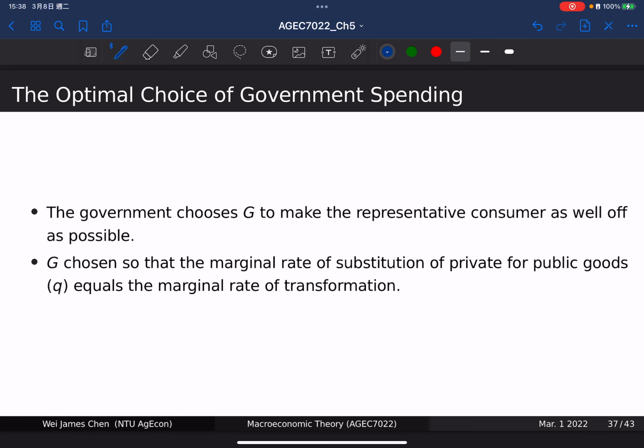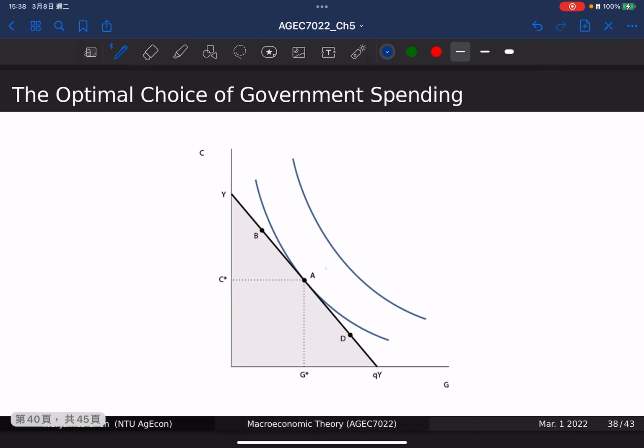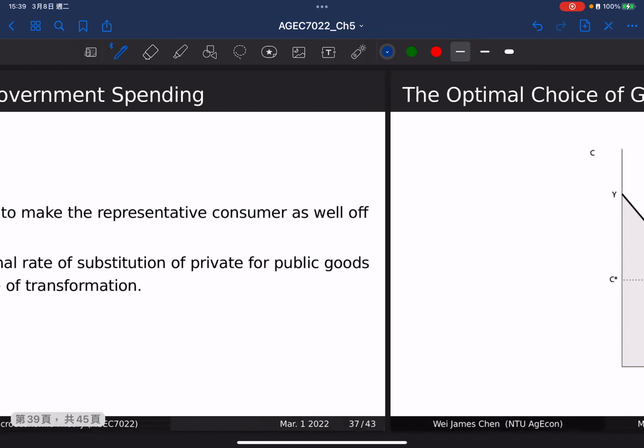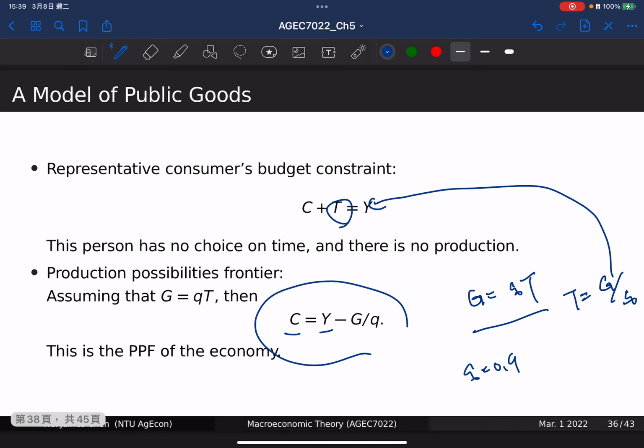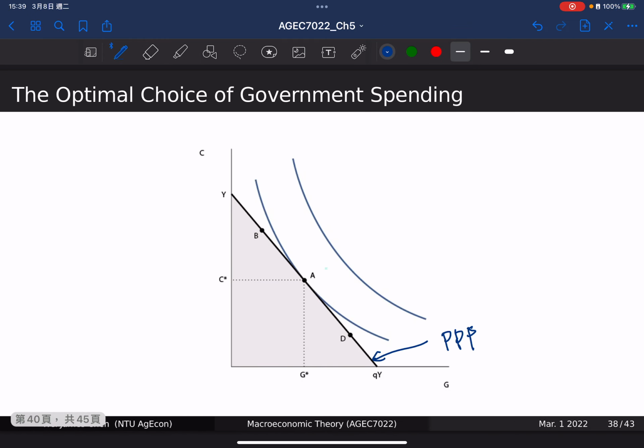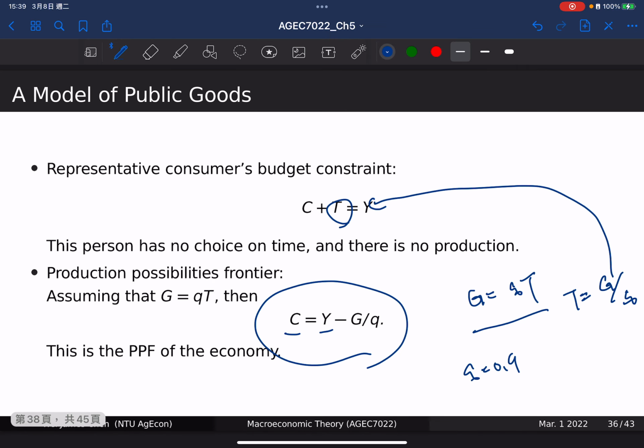G is chosen so that the marginal rate of substitution of private for public good equals the marginal rate of transformation. What that means, it's better to look at the graph. It will be clear. This is the PPF. Here, this is C, this is G. Oh, sorry, I said it wrong.